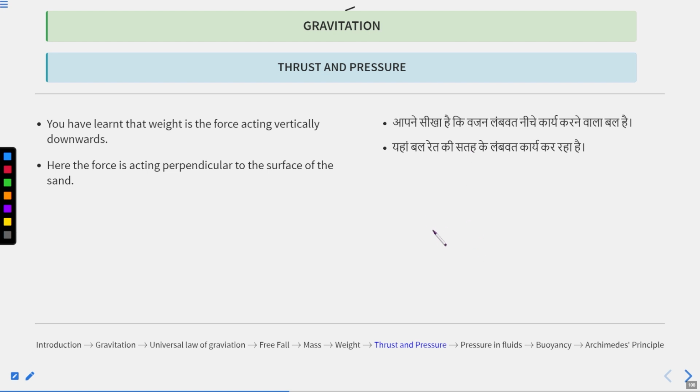We have learned that the weight of an object always acts in a downward direction. This is an object of mass m. Gravity always acts downward, so weight always acts downward. And this is the surface, so force is always perpendicular to the surface.